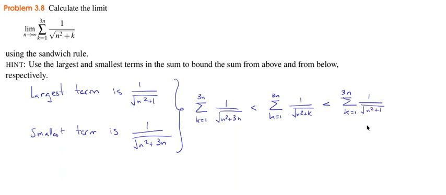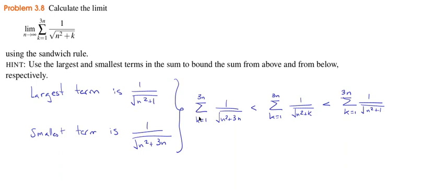Do you see these inequalities? If we sum this term 3n times, it is going to be less than the actual sum, because this term is smaller than every other term except the last one. And this is going to be smaller than the sum of the largest term, because that term is greater than every other term in the sum except the first one.